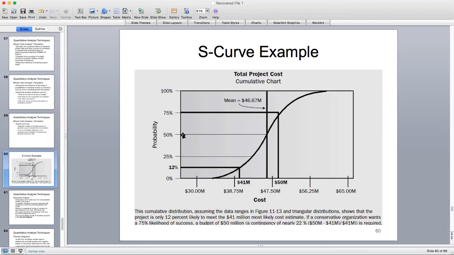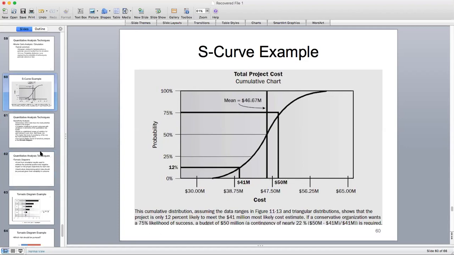If we want to be 75% confident, we have to increase that value to $50 million, or we have to add the difference between 50 million and 46.67 into our contingency, so that we can therefore meet the requirements of the stakeholder or the sponsor or the organization in terms of their confidence level. So this is what Monte Carlo simulation does and allows for the organization to do.